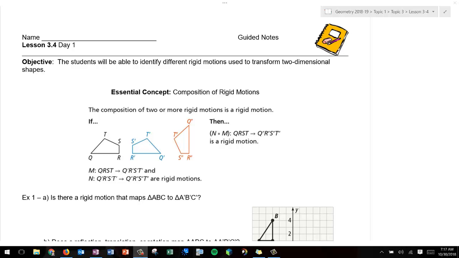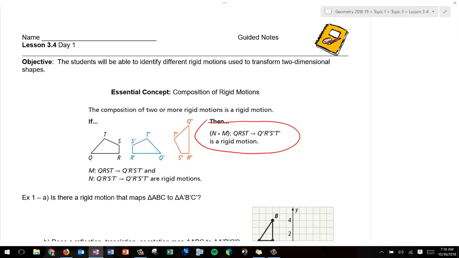Okay, so let's dig into this. The idea of a rigid motion and a composition of rigid motions, we've already talked about once, and we're going to highlight some important details. Two or more rigid motions can occur. The big key is in the rule. When you do a rigid motion composition, you always work from the inside out.